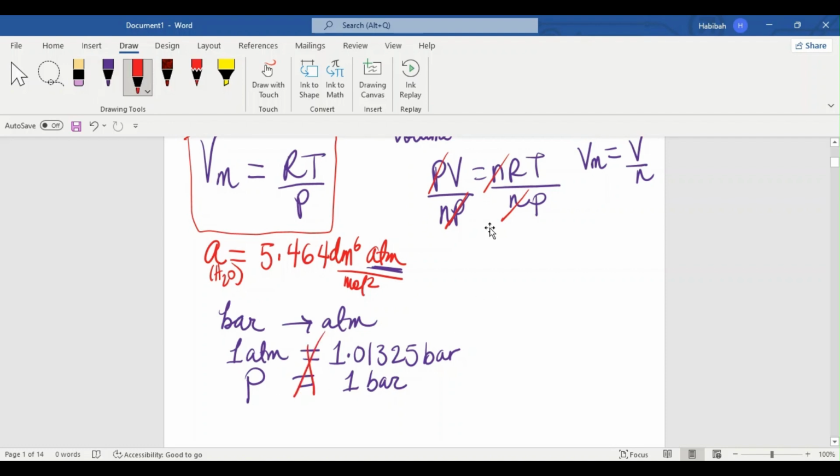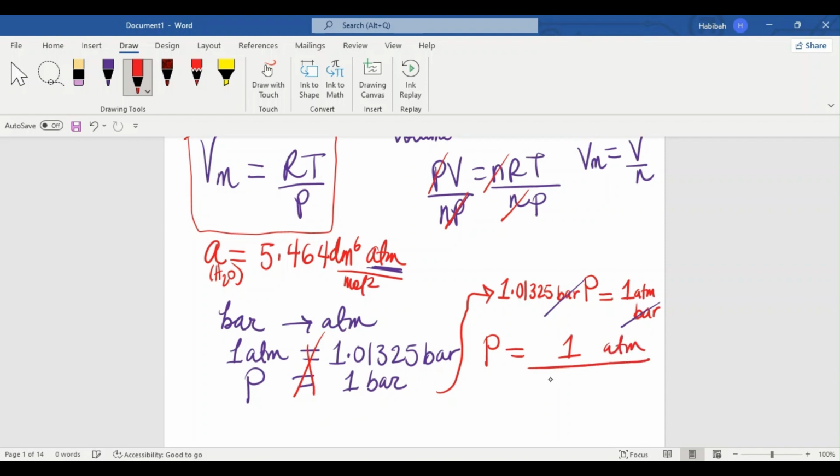So what we end up with, I'm going to do it right here. Let's continue here, there is space here. What we end up with is 1 atm times 1 bar equals 1.01325 bar times P, and remember, we're cross multiplying. Of course, since we have the same units on both sides of the equation, we can cancel them out, and we have the pressure P equal to 1 atm divided by 1.01325.